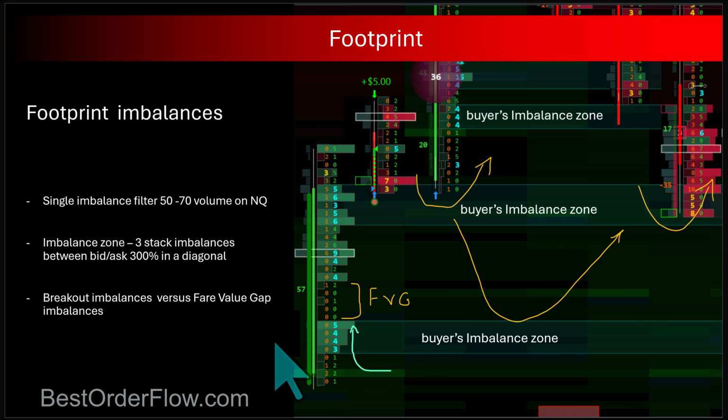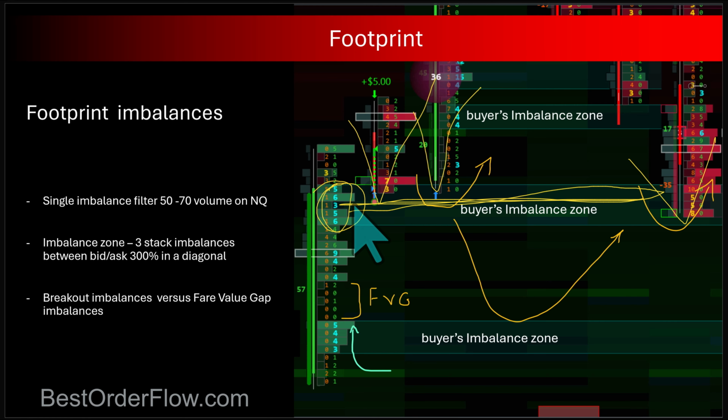But now, indeed, there is a buyer sitting here in the blue. You see, this is the buyer's zone. And when price comes here, price gets a reaction. What does that actually mean? Why? Because this buyer is showing that I'm still sitting here and I'm gonna support this zone.